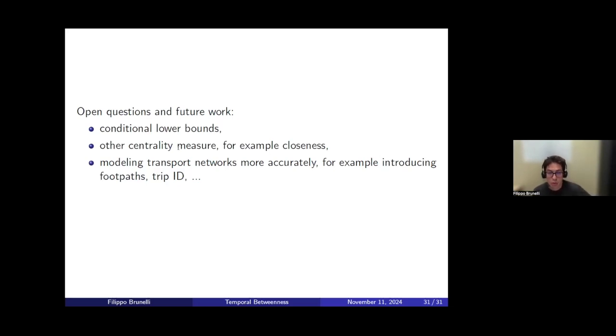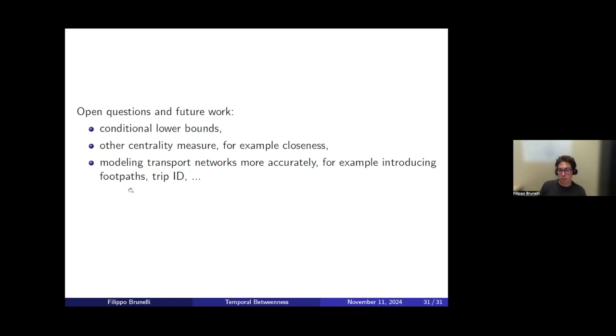Then it would be interesting to study different centrality measures, for example, closeness. And finally, something that I would be particularly interested in is to make the model a bit more accurate in the case of modeling transport networks.